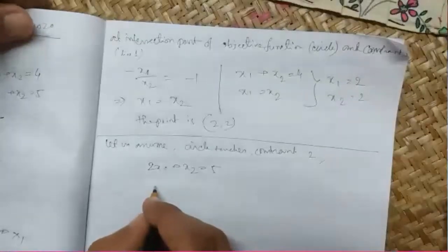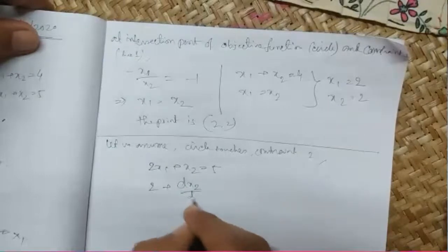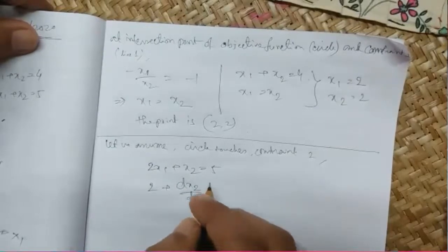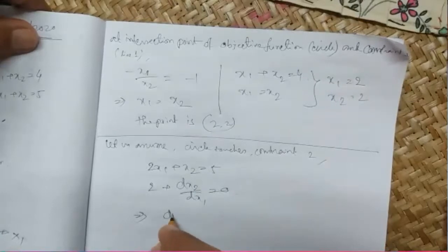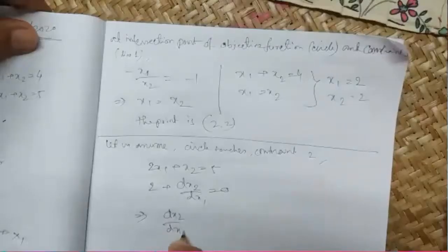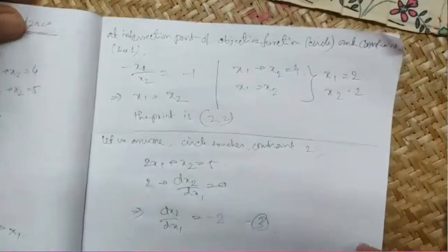So upon differentiation we get 2 plus dx2/dx1 equal to 0. So dx2/dx1 is equal to minus 2. We call it equation number 3.